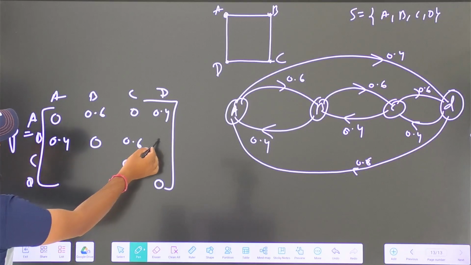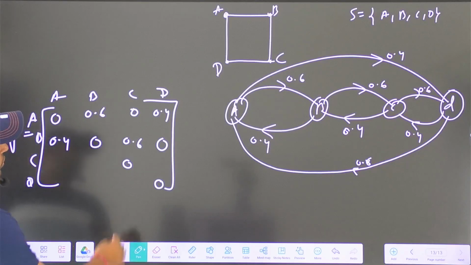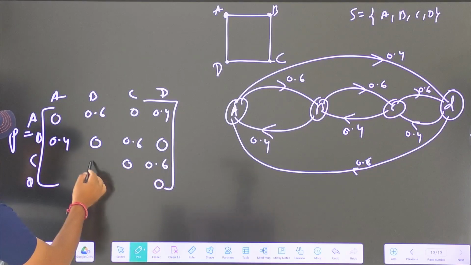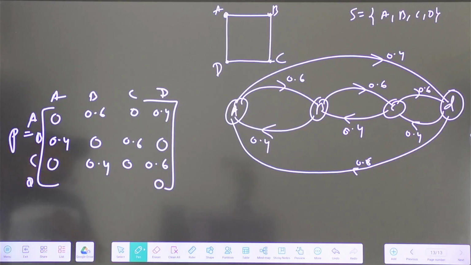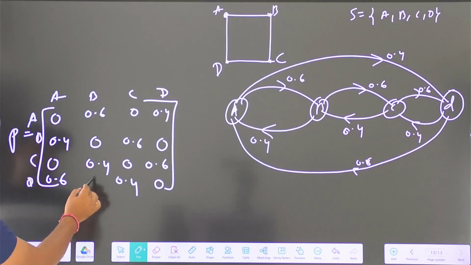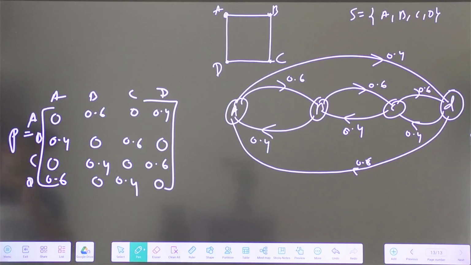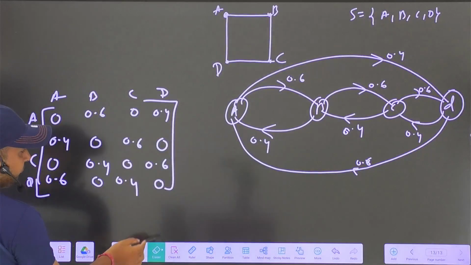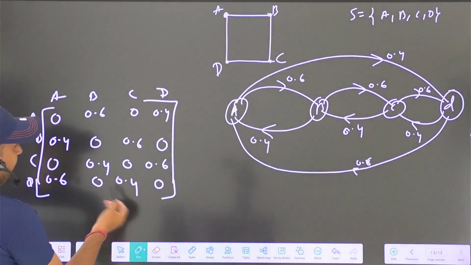Then C to D 0.6 and C to B 0.4, and then D to C 0.4 and D to A 0.6. Okay, this is the transition probability matrix. The diagonals are 0.